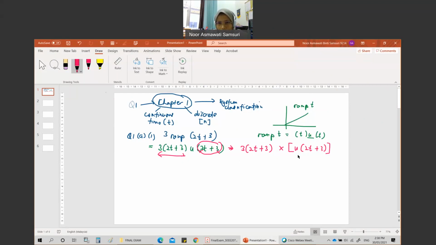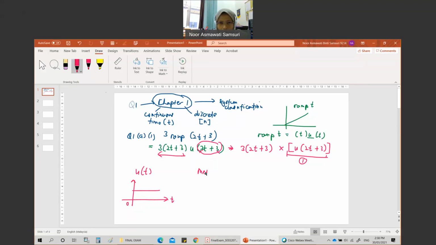So let's deal with the first component. How does the u(t) signal look like? So this is u(t). How to sketch 2t plus 3? From here, you can use method 3.